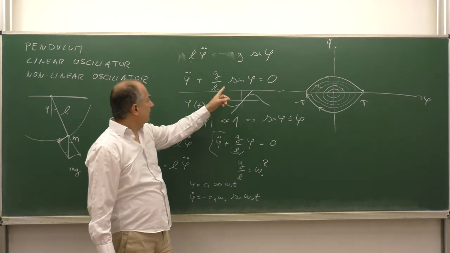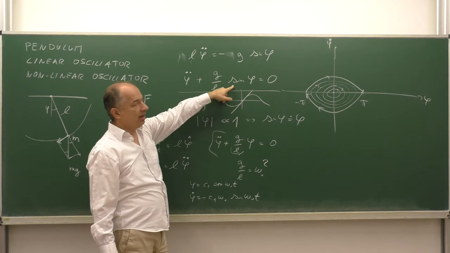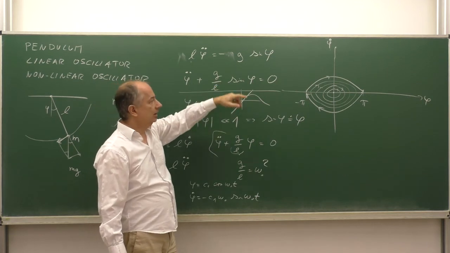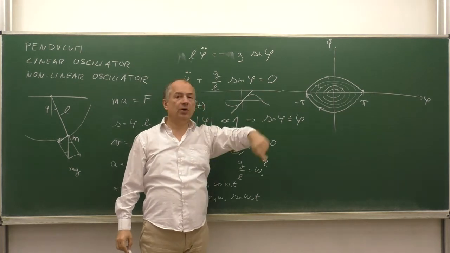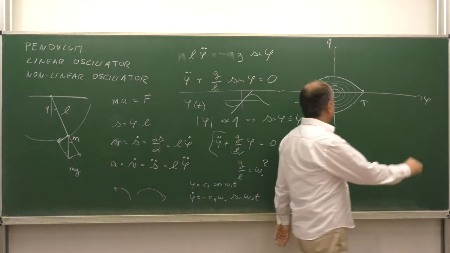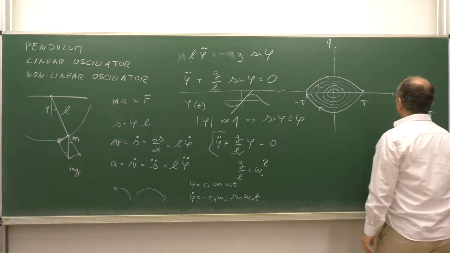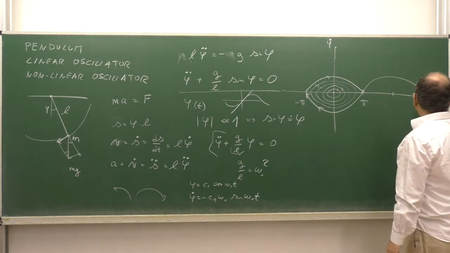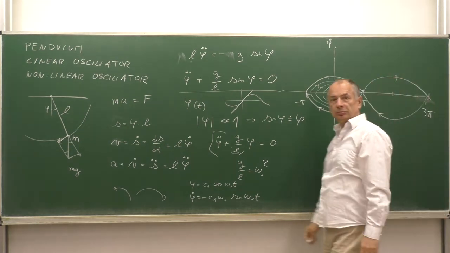But as phi appears as an argument of sine, which is periodic, phi is pi is equivalent to phi is 3 pi. And again, we have these trajectories like before.